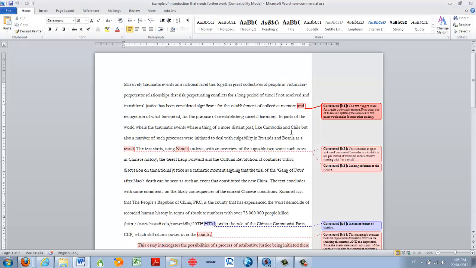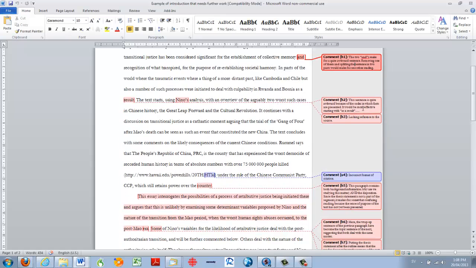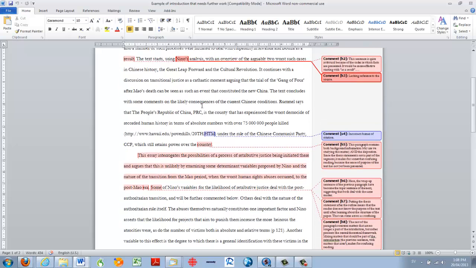You could split it easily to make for smoother reading. This sentence here is quite awkward because of the order in which facts are presented. We could just start this sentence with 'as a result.' And here is a problem with this sentence because there is no citation of Nino. This citation is incorrectly done.